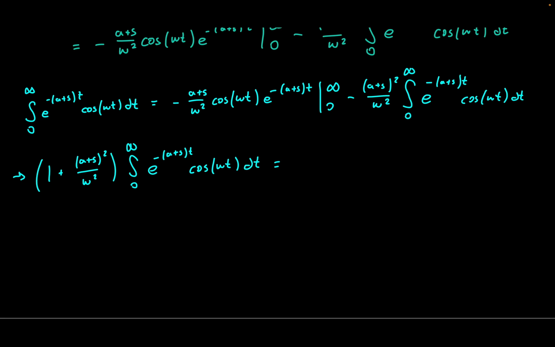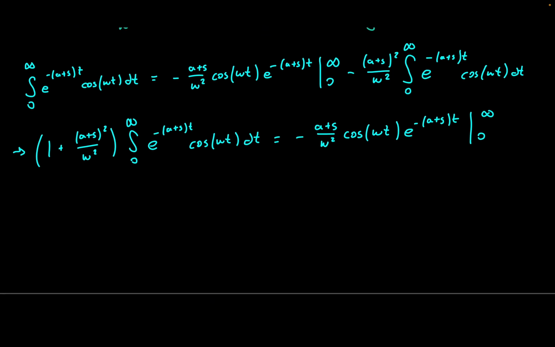And that's set equal to negative (a plus s) divided by omega squared times cosine of omega t e to the negative (a plus s) times t, from 0 to infinity.